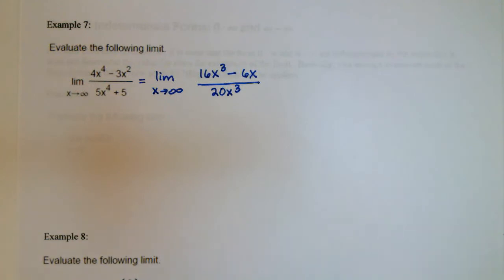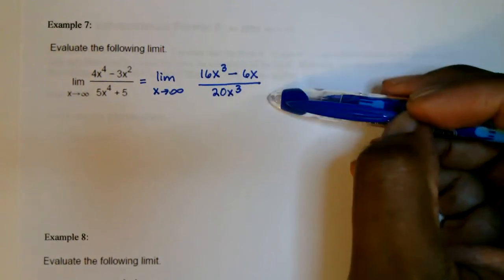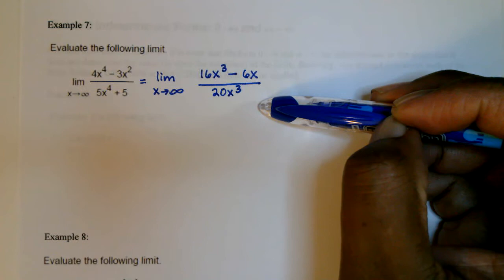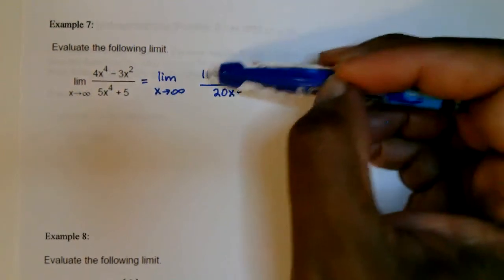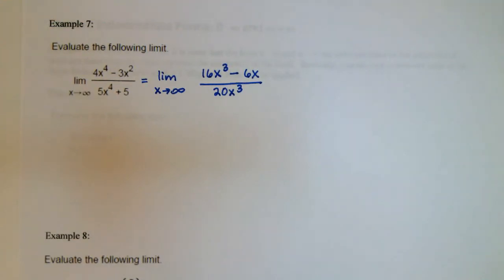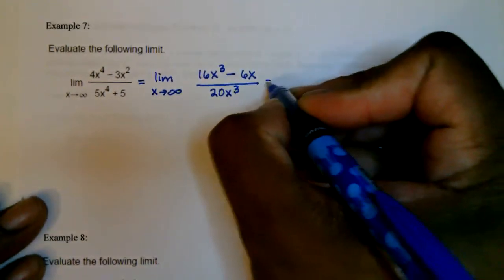Now in this case, we still have a situation of infinity over infinity, because the numerator goes to infinity and the denominator also goes to infinity. So we have to apply L'Hopital's rule again.